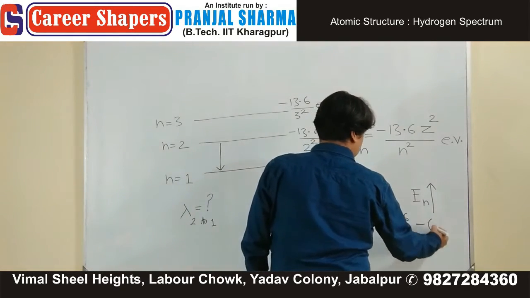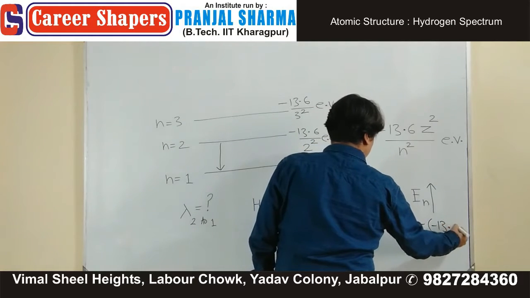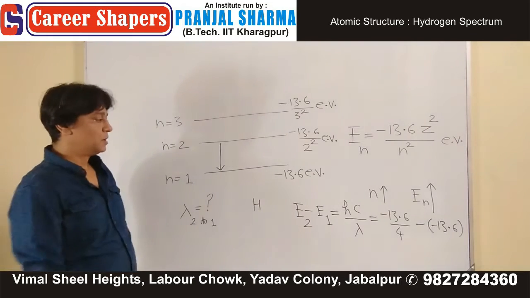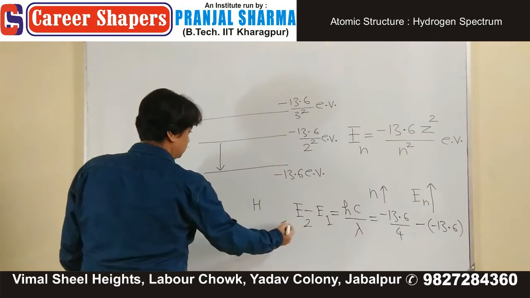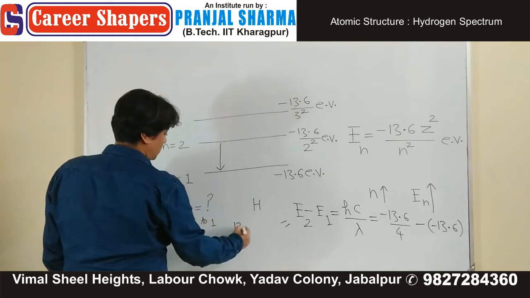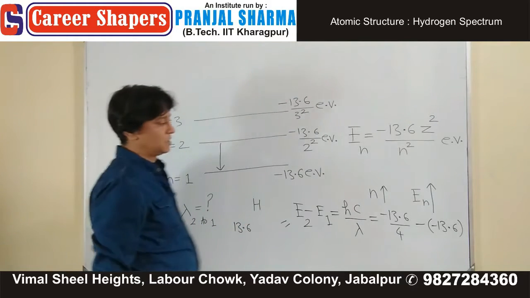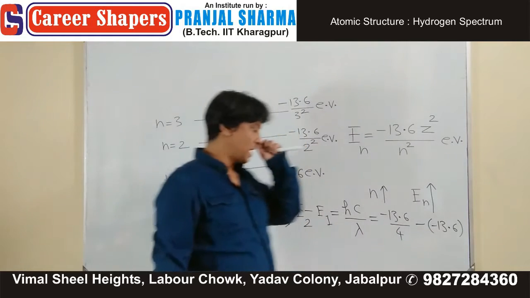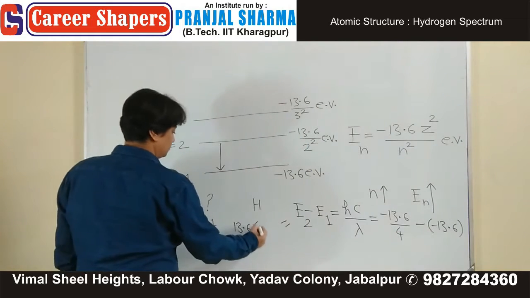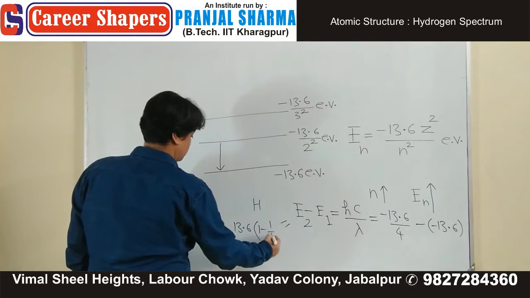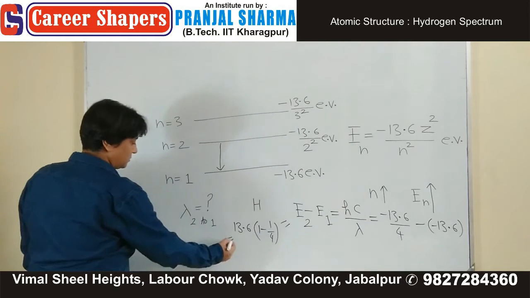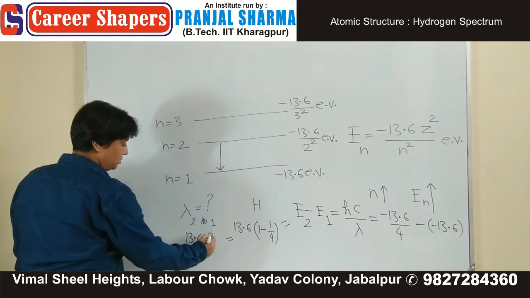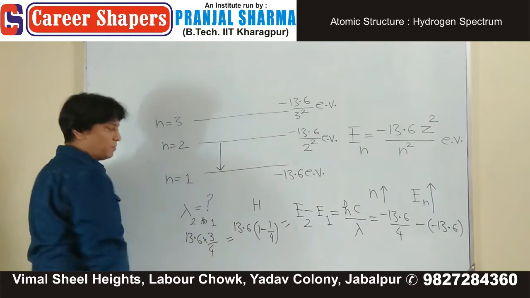E1 is minus 13.6. This gives us 13.6 common, 1 minus 1 by 4. That is 13.6 into 3 by 4.